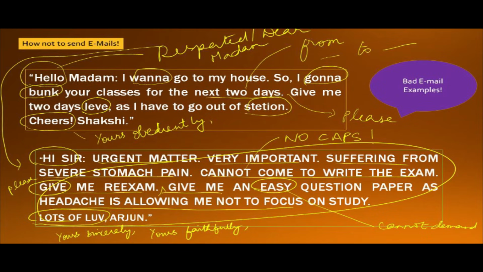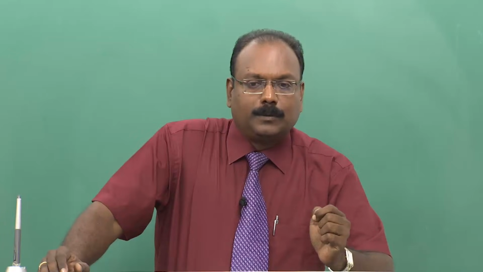In leave itself you make a spelling mistake, it creates a very bad impression. "As I have to go out of station", again spelling mistake in station, and probably this should come first. So, respected and dear ma'am, as I have to go out of station for an important marriage or an important exam that I have to attend to, tell the reason.